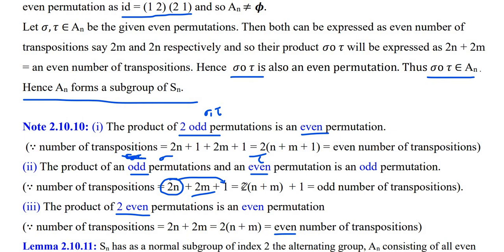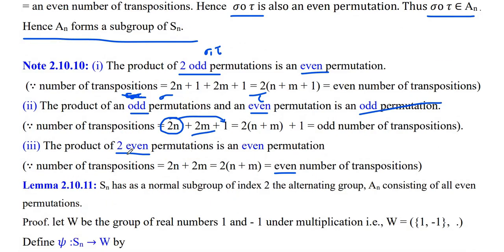So total will be 2n plus 2m plus 1, which is 2 into n plus m plus 1, which is an odd number. So odd number of transpositions, and therefore this will be an odd permutation. Sigma composition tau, when one is odd, the other one is even, then you have this.